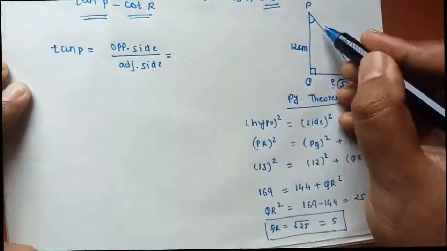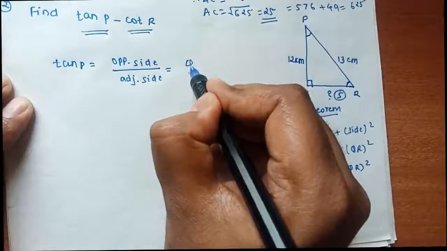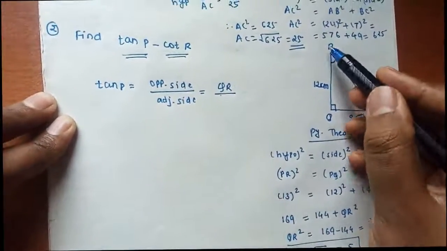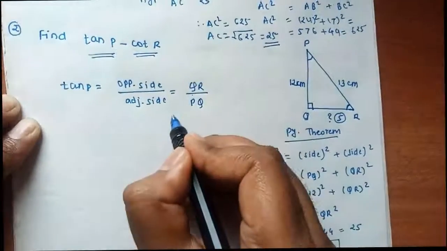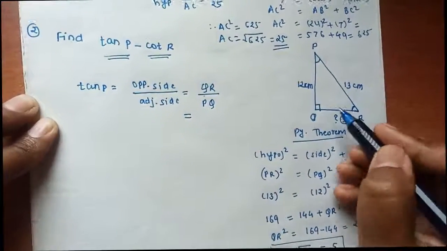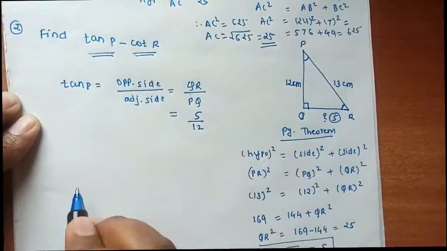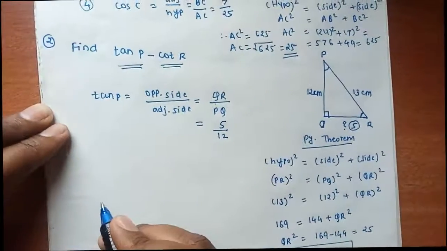So the opposite side for P, just in front of it, that's QR, upon adjacent side. For P the adjacent side is PQ, so we can write PQ. So I got the tan P value, opposite upon adjacent, that's 5 by 12, which is what I need according to the question.